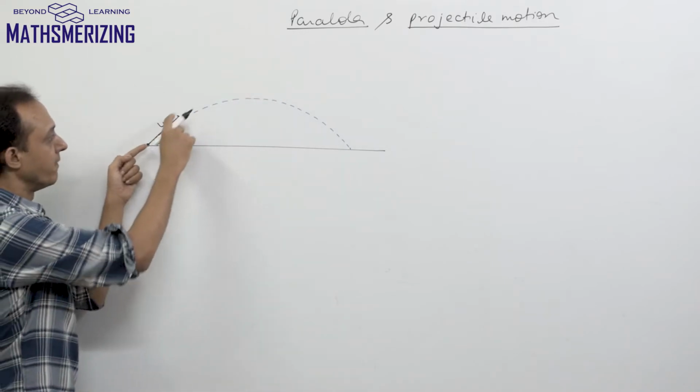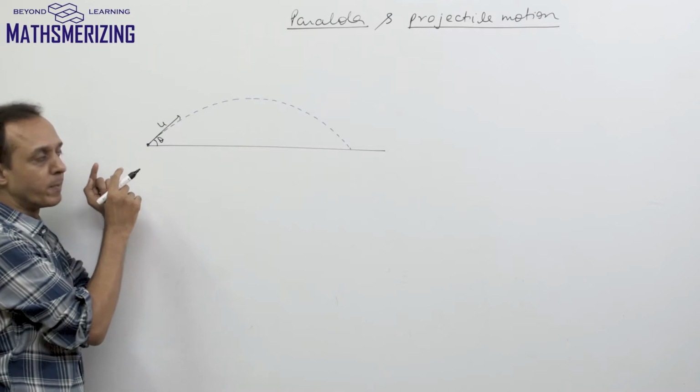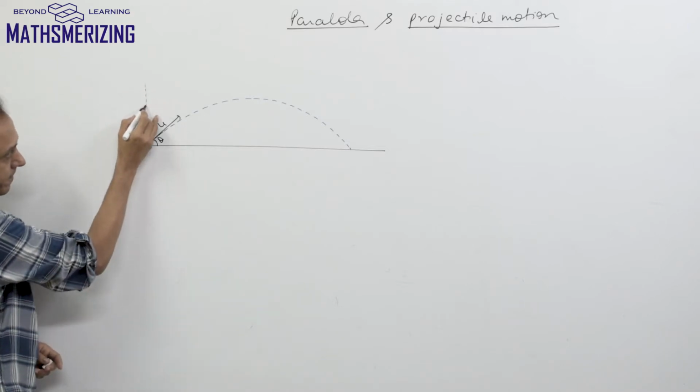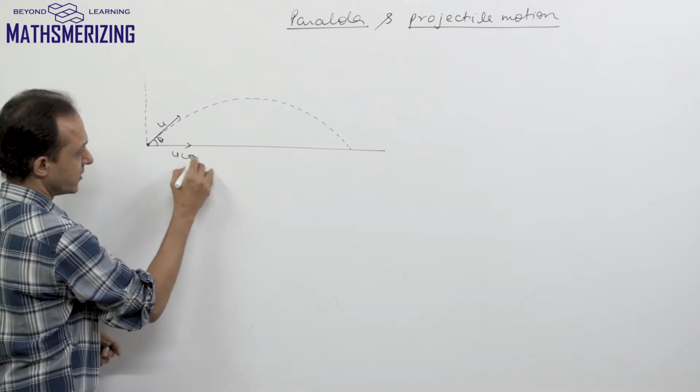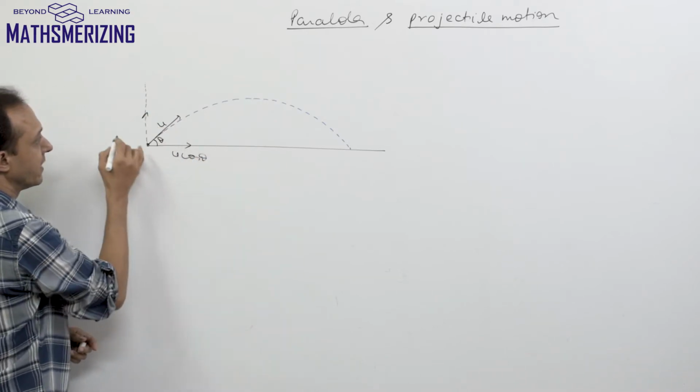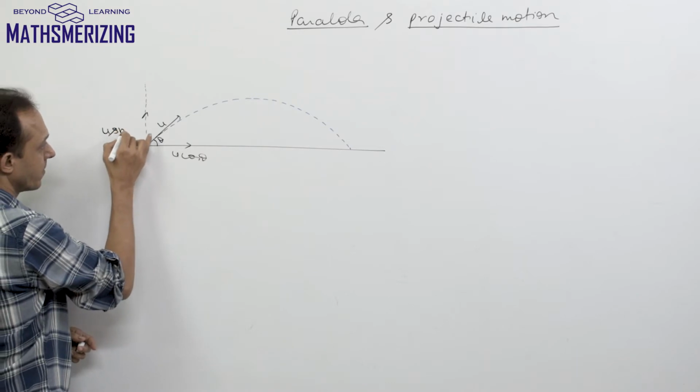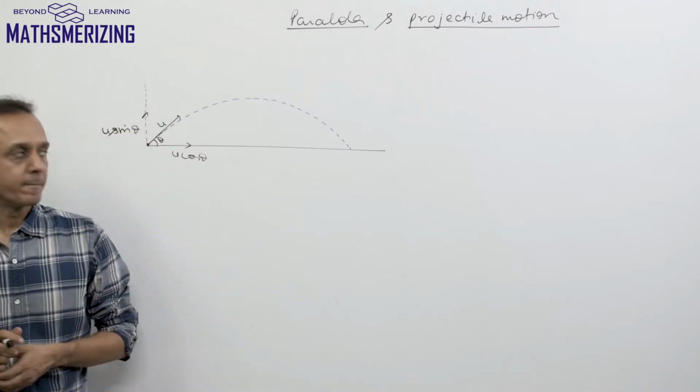First, we'll resolve this velocity in two perpendicular directions. In the horizontal direction, the initial velocity is u cos theta, and in the vertical direction it is u sin theta.